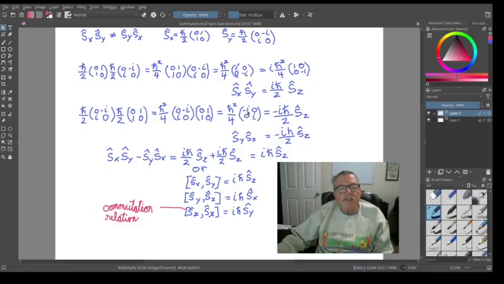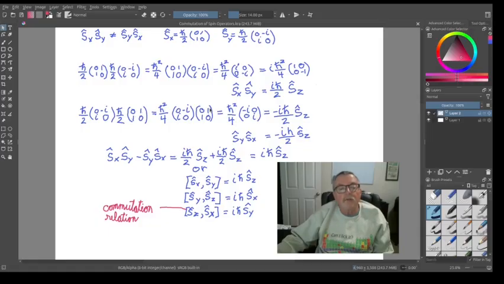This element is determined by row 1, column 1. Row 1, column 1 gives us a minus i. Row 2, column 1 gives us a 0. This would be row 1, column 2. That gives us a 0. And finally, this one down here is row 2, column 2.